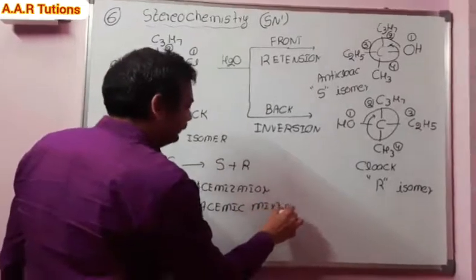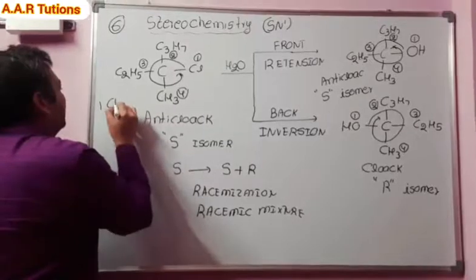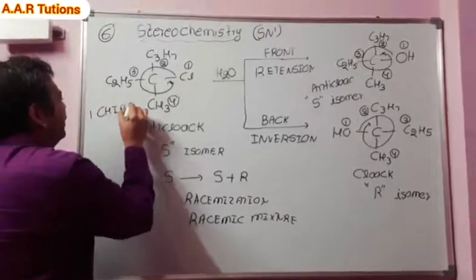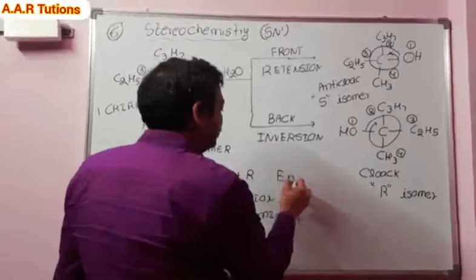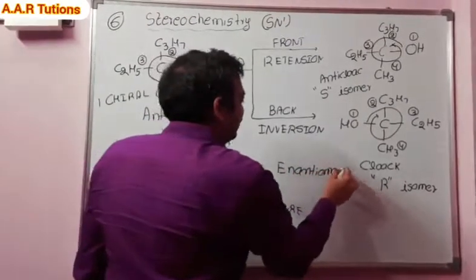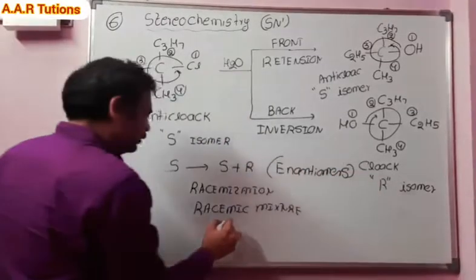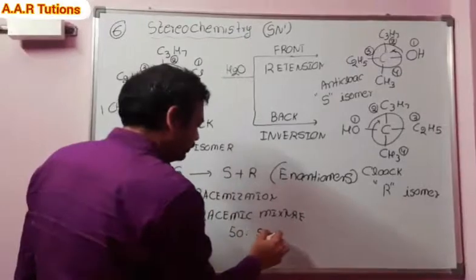Since it is one chiral carbon, we will get a mixture of enantiomers. These two are enantiomers. Racemic mixture means 1:1, 50% of one isomer and 50% of the other isomer will form.